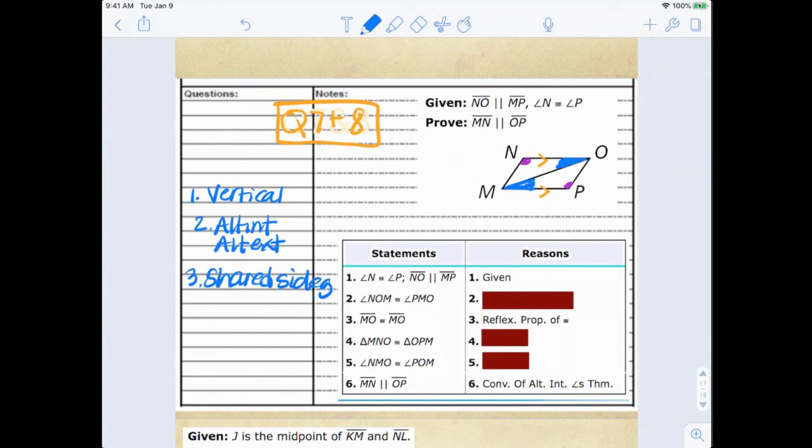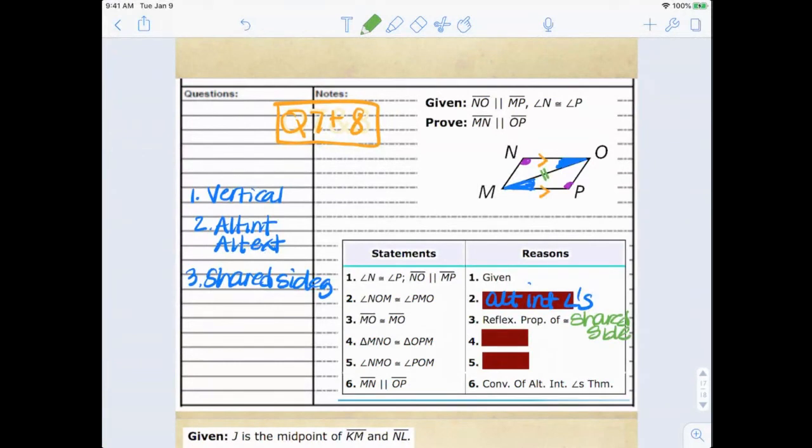And we know the lines, the top and the bottom, are parallel, so I'm going to say these are alternate interior angles. The theorem tells us that these are congruent. It also says that MO and MO are congruent by the reflexive property, or just a shared side. If you had to fill that in, I would love to see shared side.